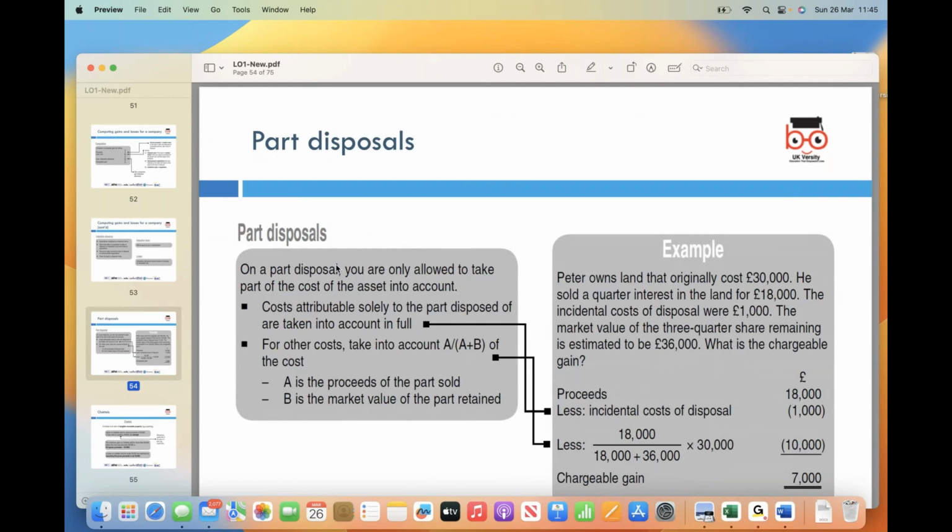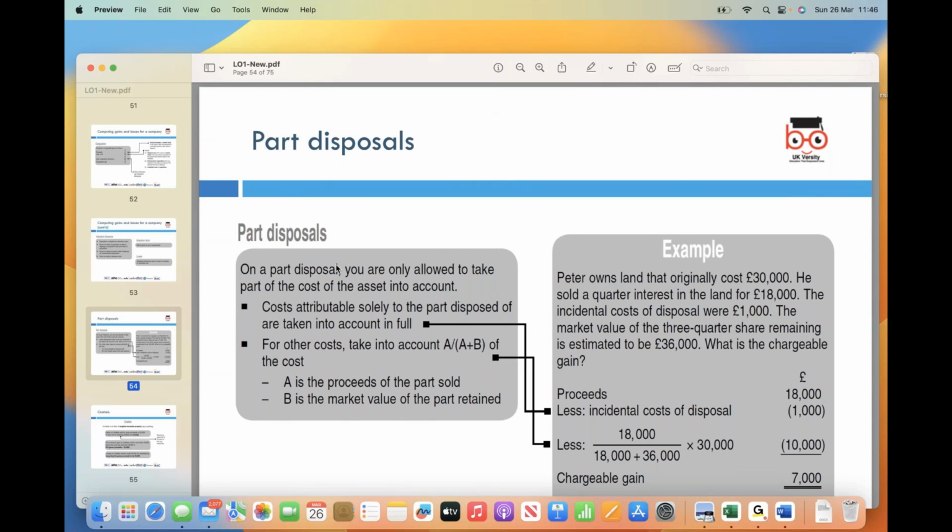Everyone who is an accounting student knows about disposal of assets. So when you make a part disposal of an asset, you can only take into account part of the cost of the asset.